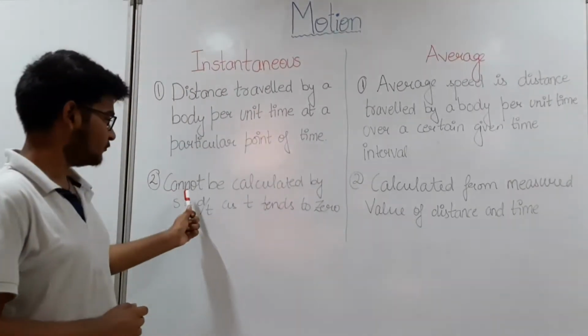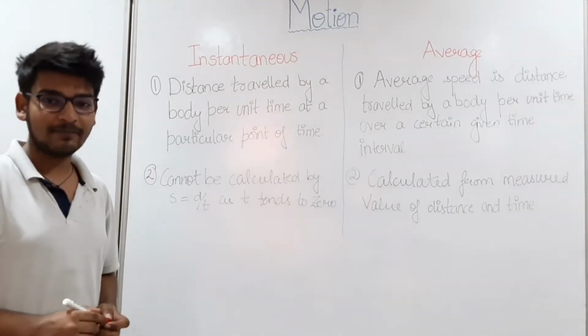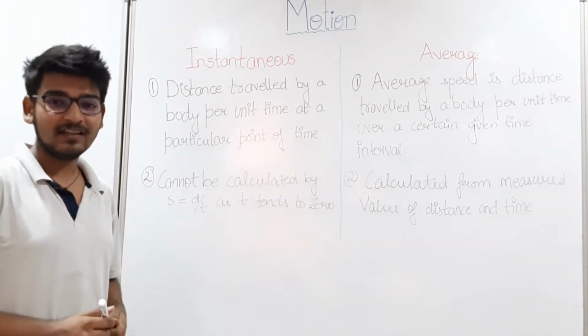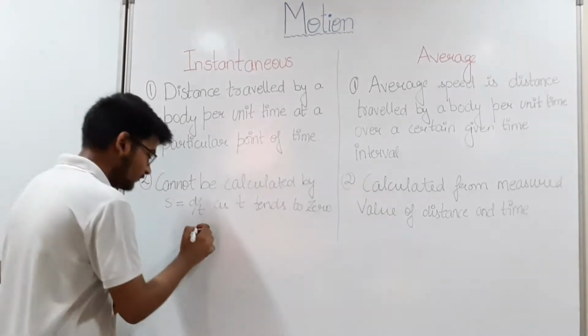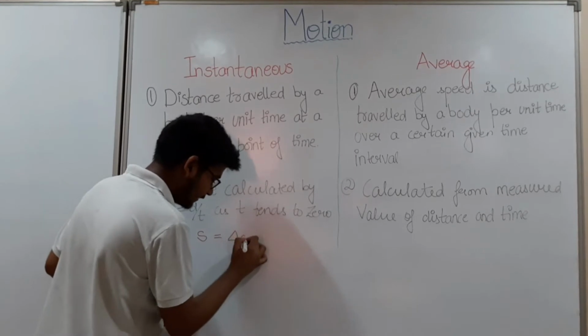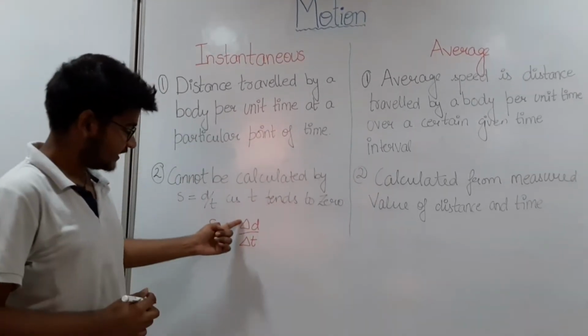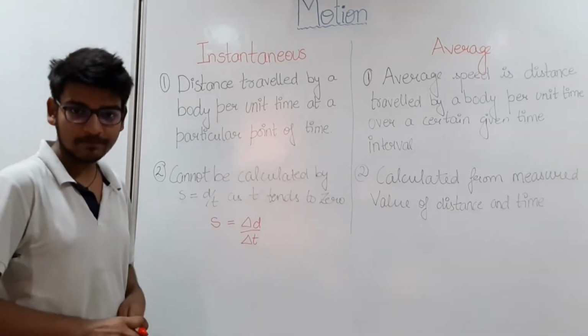So instantaneous speed cannot be calculated using the formula S is equal to d by t as t tends to 0. So we say that speed is equal to delta d upon delta t, as this is change in distance upon change in time.